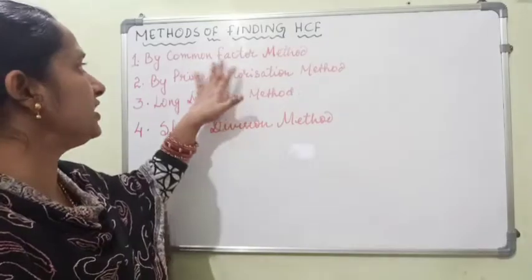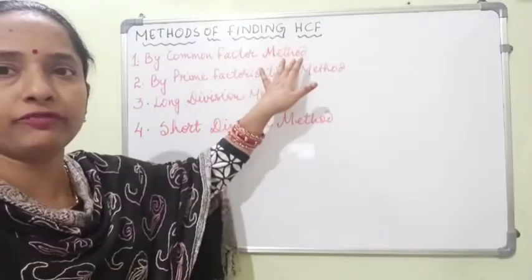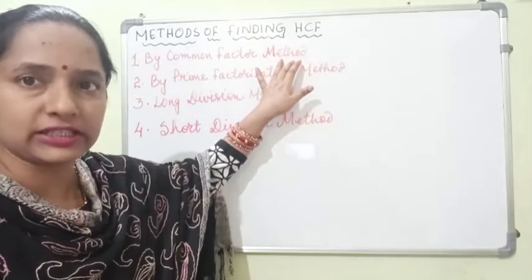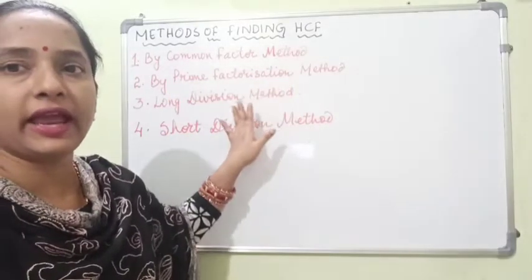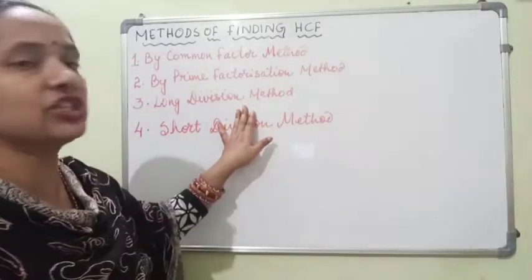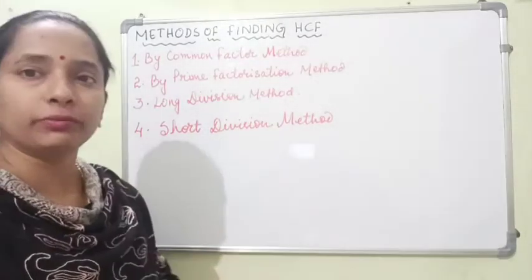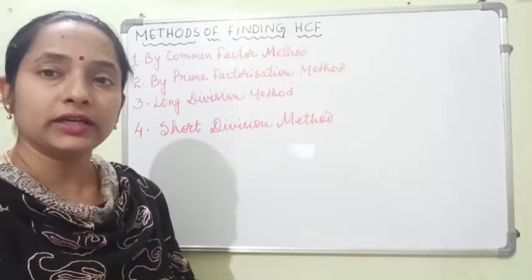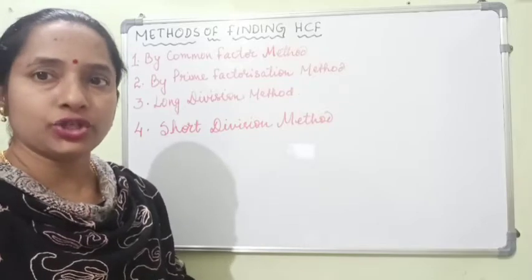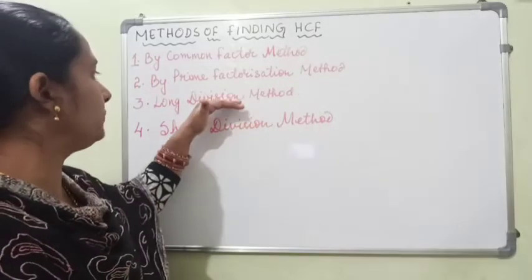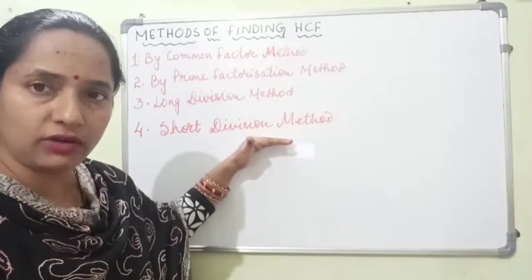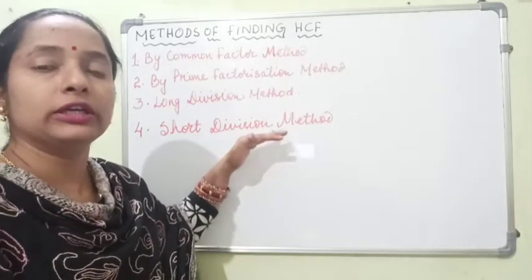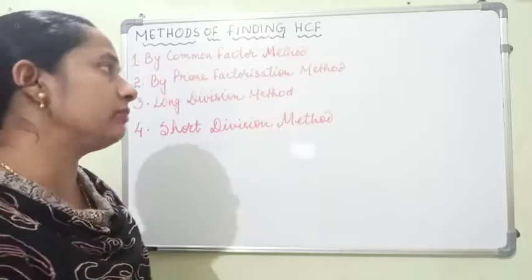The first method is the common factor method, which we discussed just now, the next method is the prime factorization method, the third method is the long division method, and the fourth method is the short division method. In your book you are given only up to the long division method. The short division method is not mentioned, but still we will learn how to find HCF by the short division method also.